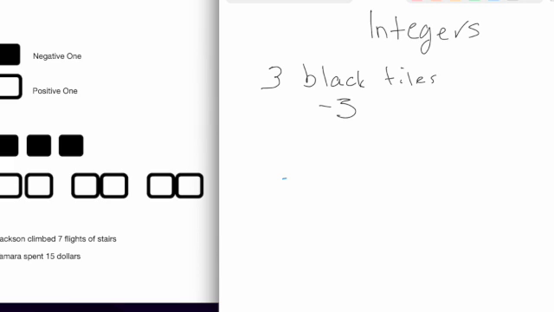Just below that, we have another set of integer tiles. These ones here are white integer tiles, so they're associated with a +1 integer. So we have 6 white tiles, and the integer that would be associated with that is a +6.